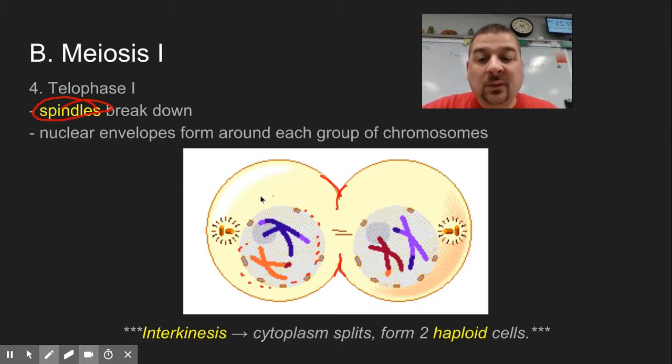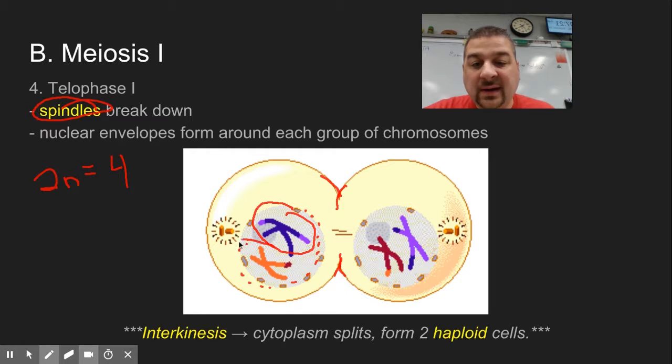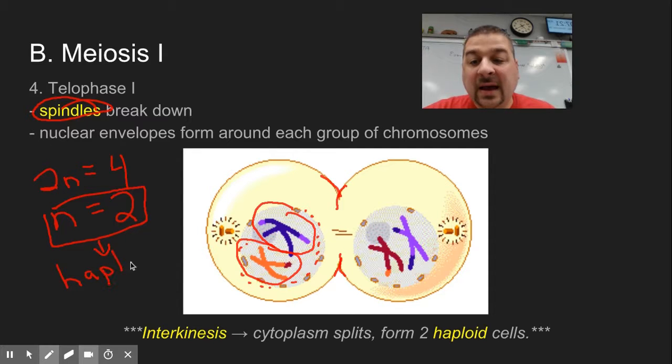Now notice we started 2n. Our first cell that we started with had 4 chromosomes. After meiosis one, look how many chromosomes we're down to. 1, 2. So now we're down to n, which is 2. After meiosis one, our cells are haploid.